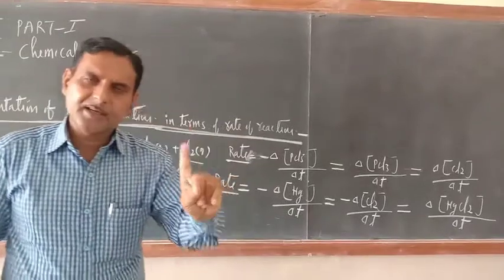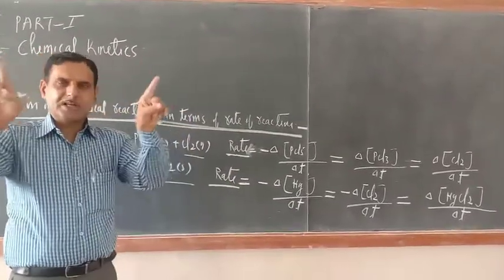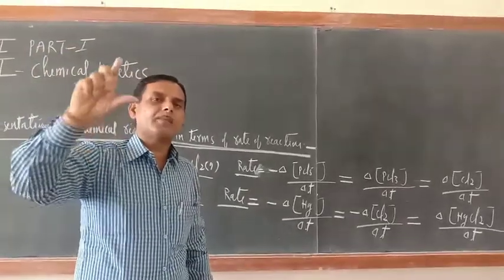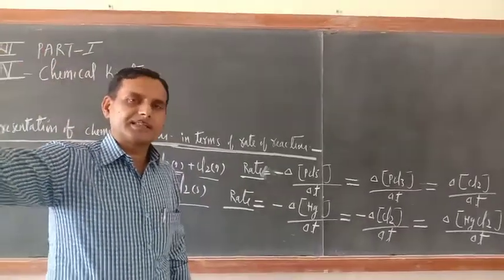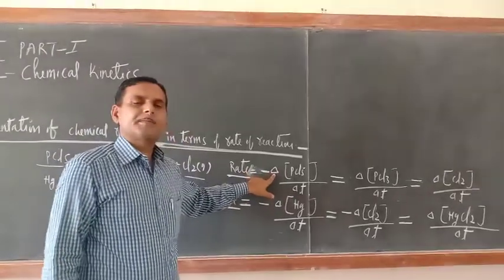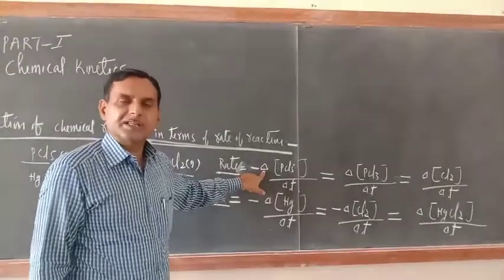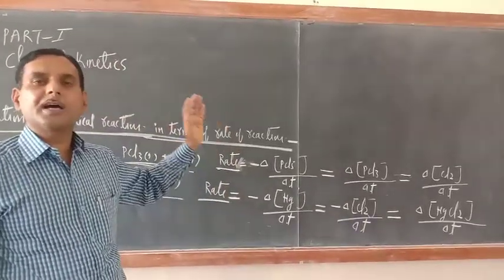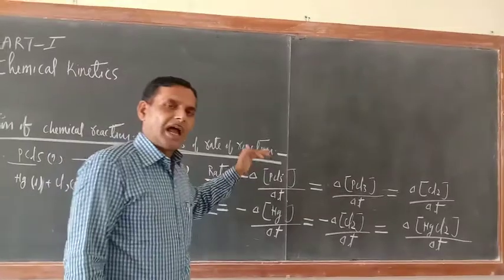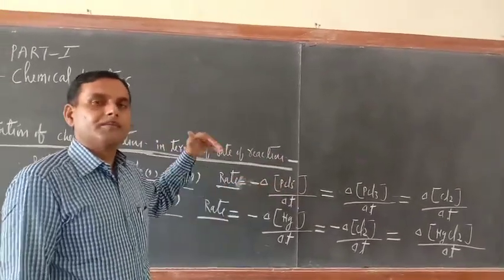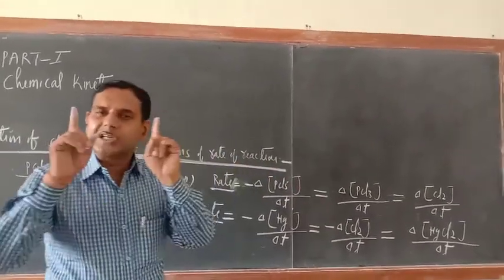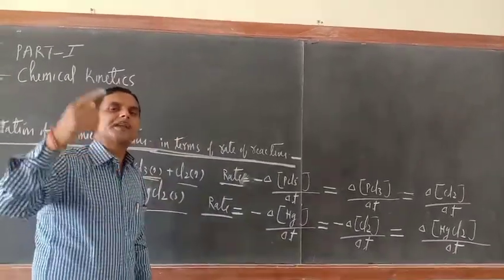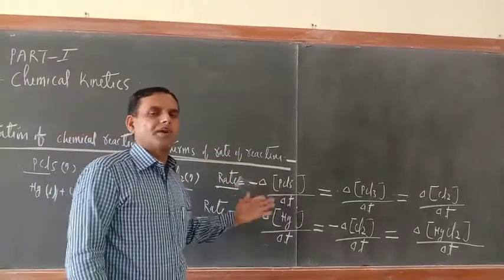Once again, what should be there? The concentration of reactant and product must be written inside the square bracket. That square bracket represents the molar concentration. The delta sign represents the change in the concentration of reactant and product. The minus sign should only be put before the concentration of reactant. And the equal sign should be written between reactant and product, which indicates that whatever amount of reactant is disappearing, the same amount of product is forming.